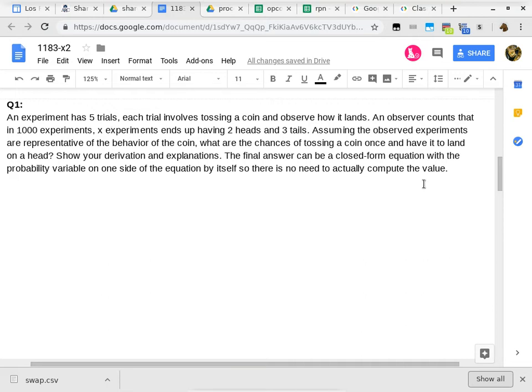So now we want to find the closed form equation with the probability on one side of the equation, the probability being tossing a single coin once and having it land on a head. Okay, so how do we formulate this? This has to do with binomial distribution, and we're going to take a look at how it relates to binomial distribution.